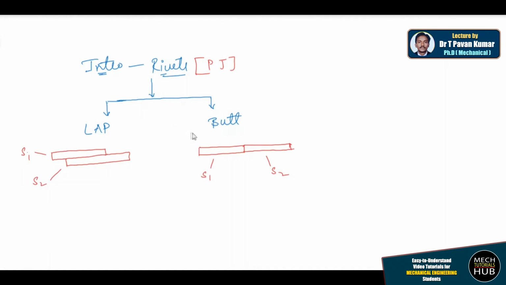Now how exactly a rivet is going to be. A rivet will have a head portion and a shank portion, something like this. The shank is a taper section, circular in cross section and it is tapered.